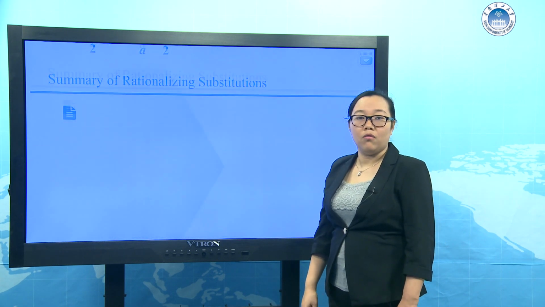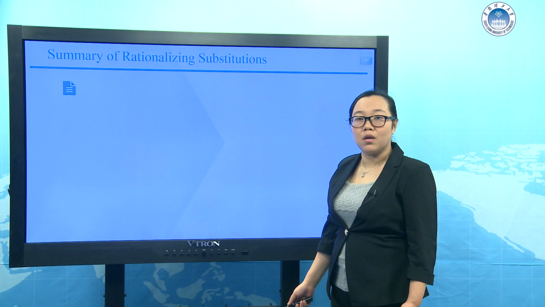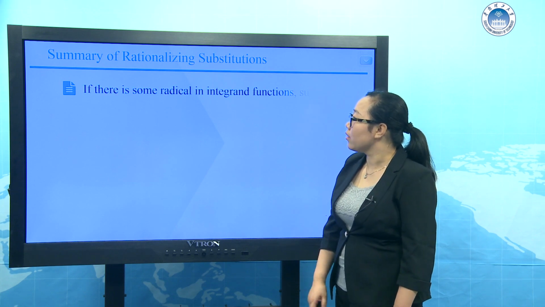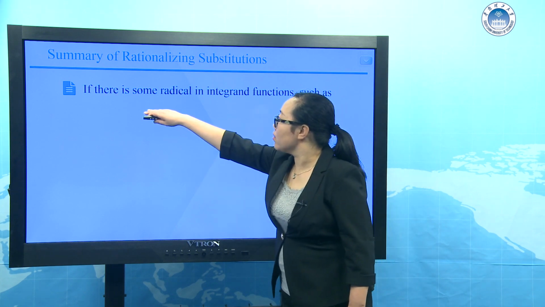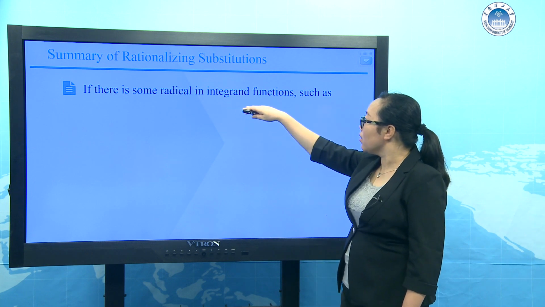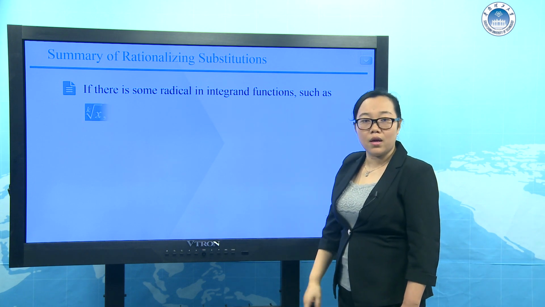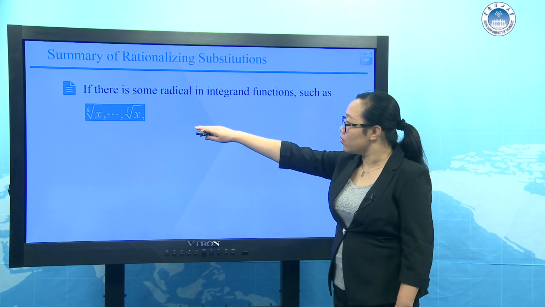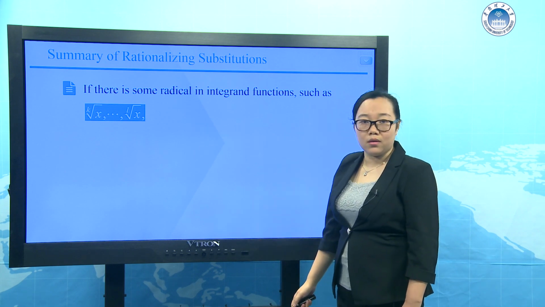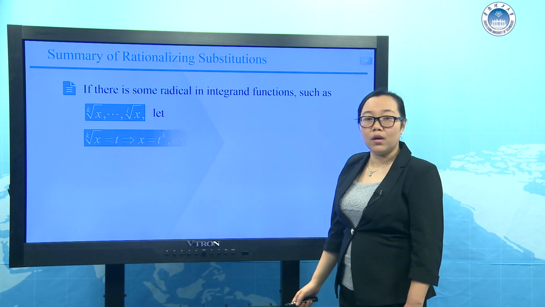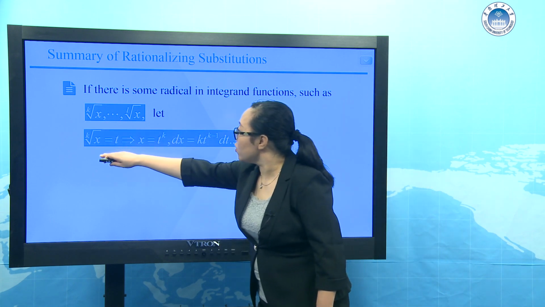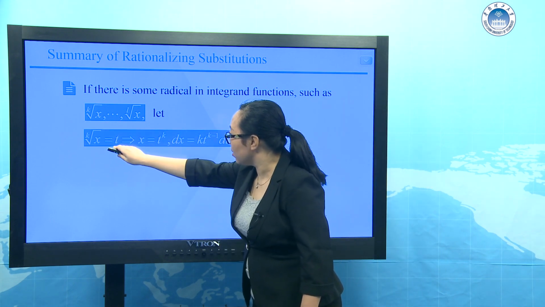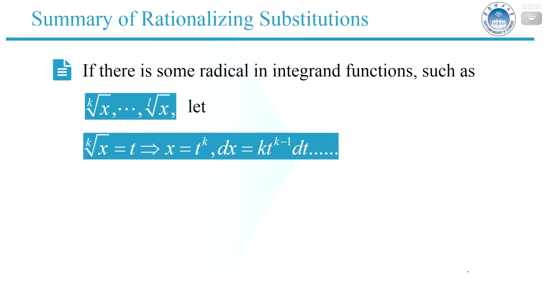So now we will have a summary about the substitution. Look at case 1. If there is some radical in the integrand function, such as the k-th root of x, how to do? We will write the k-th root of x equals t, and write x equals t to the k power.